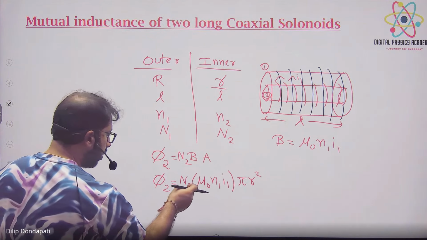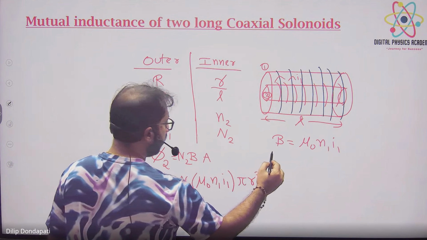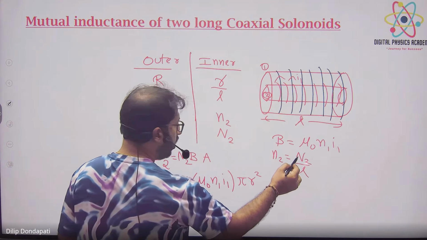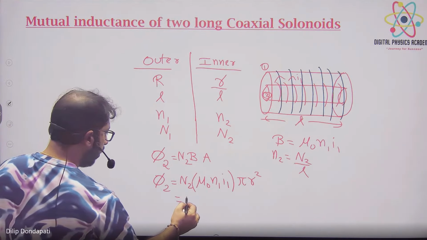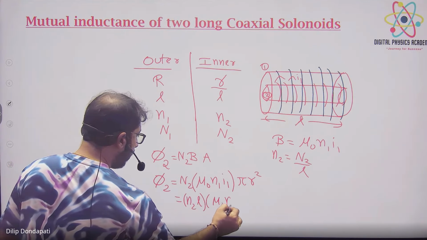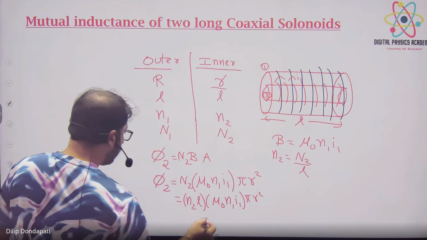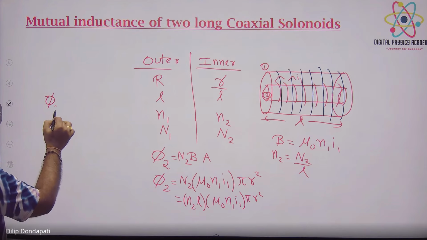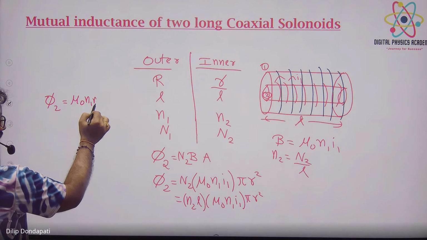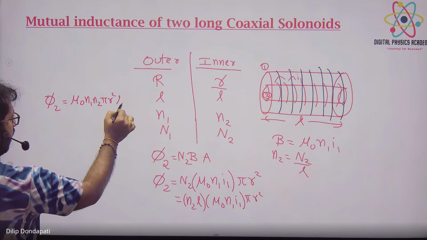So I want to convert into N1, N2, and what is small n2? It is the number of turns per unit length, right? So N2 is equal to n2 times L. N2 L mu naught n1 I1 pi r square. So therefore flux is equal to mu naught n1 n2 pi r square L times I1.